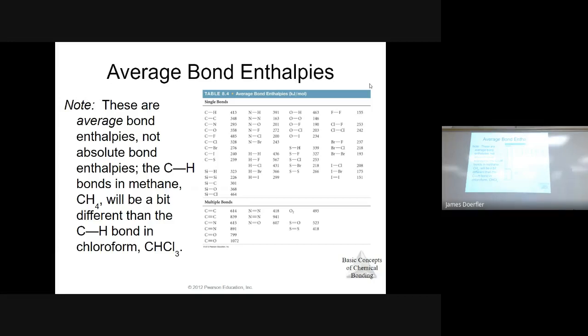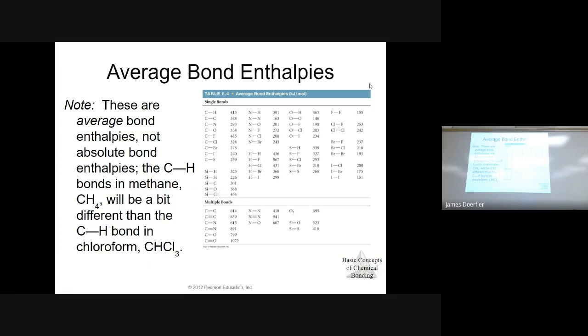When I said average, that's what it is, because even though we have a single value listed for a type of bond, for instance, the carbon-hydrogen bond, first of all, locate the carbon to hydrogen bond and tell me the value. 413 kilojoules per mole. That's the average.